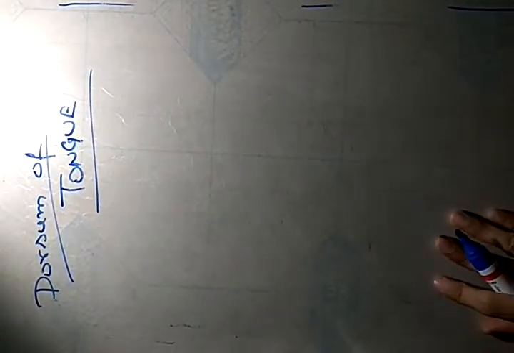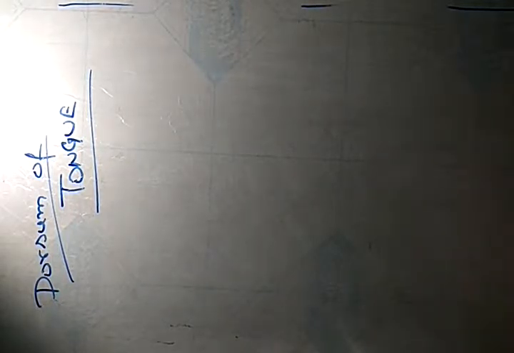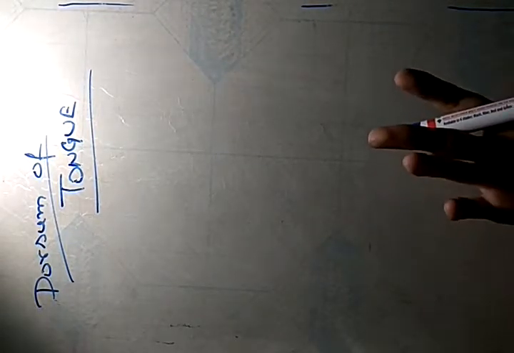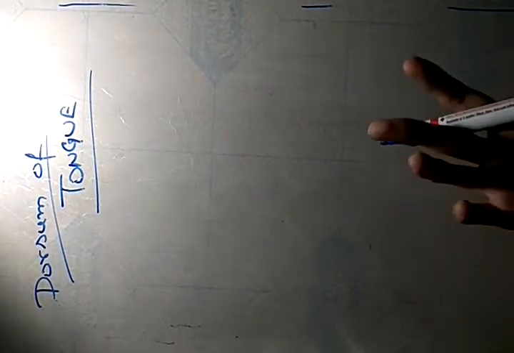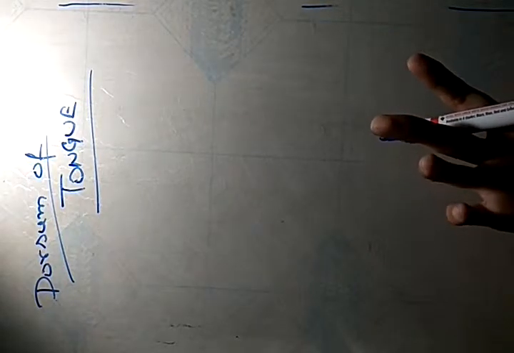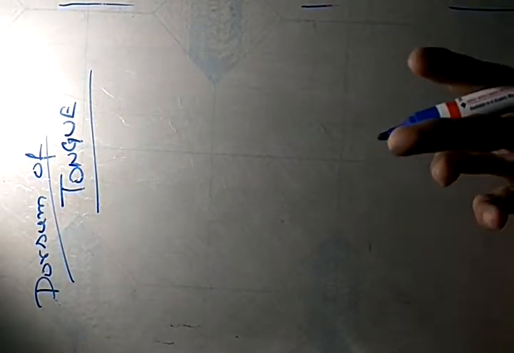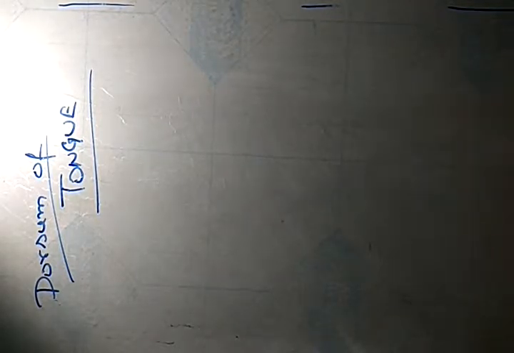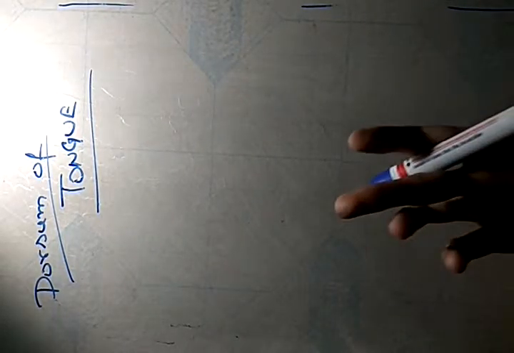Now moving on to dorsum of tongue. You can draw this diagram for showing your papillae that are there on the tongue, your differentiation of different parts like most posterior, posterior one third, and anterior two third, as well as to demarcate which part's lymph is being drained by which node. Okay, so you can draw this as well.